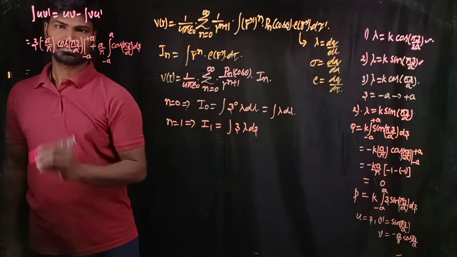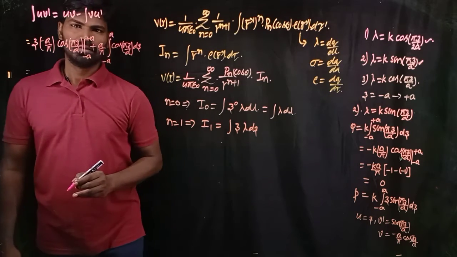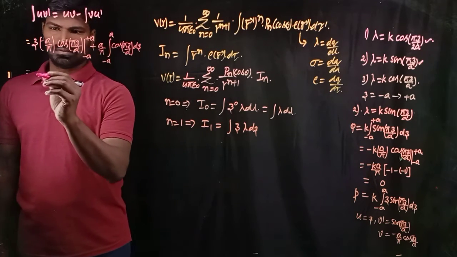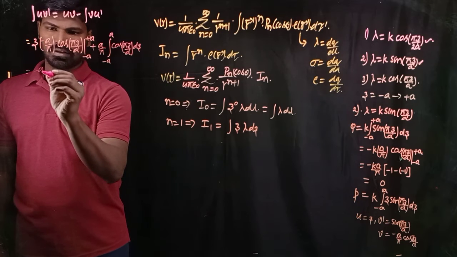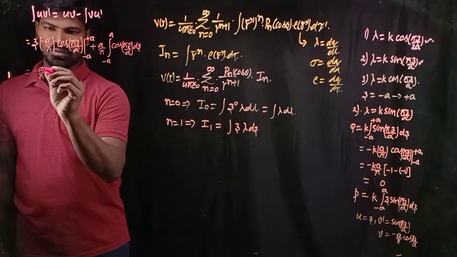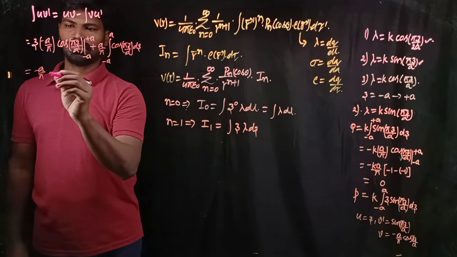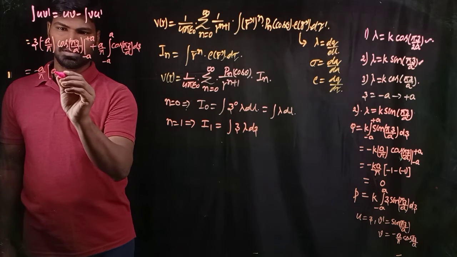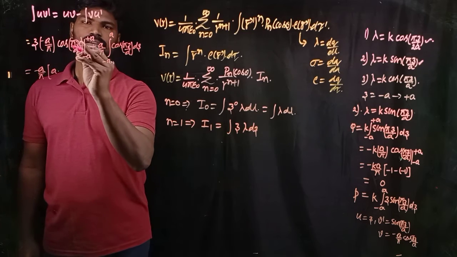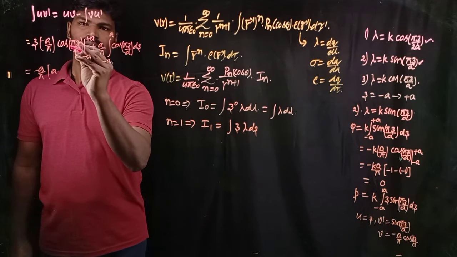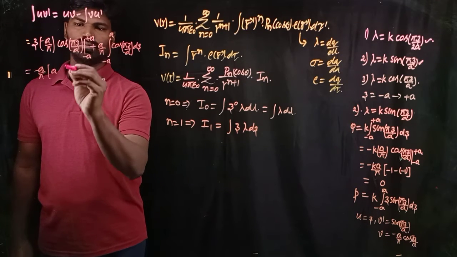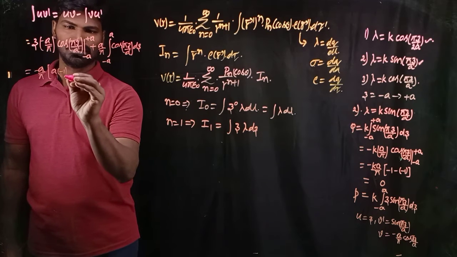That is equal to minus a divided by pi into, first we substitute the upper limit. Z is equal to a, into cos pi z divided by a, where a gets cancelled. Cos pi is minus 1.